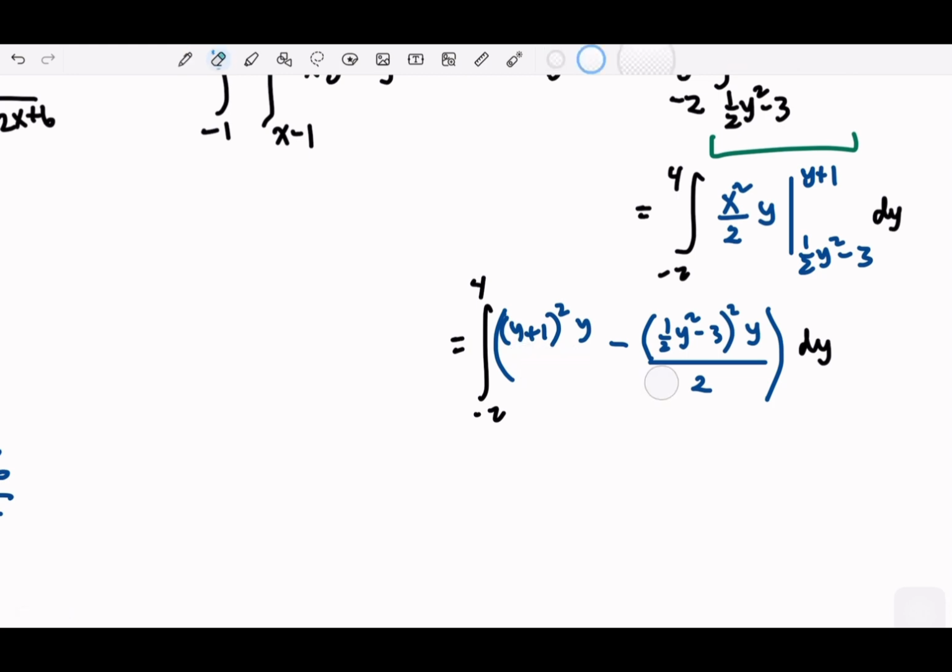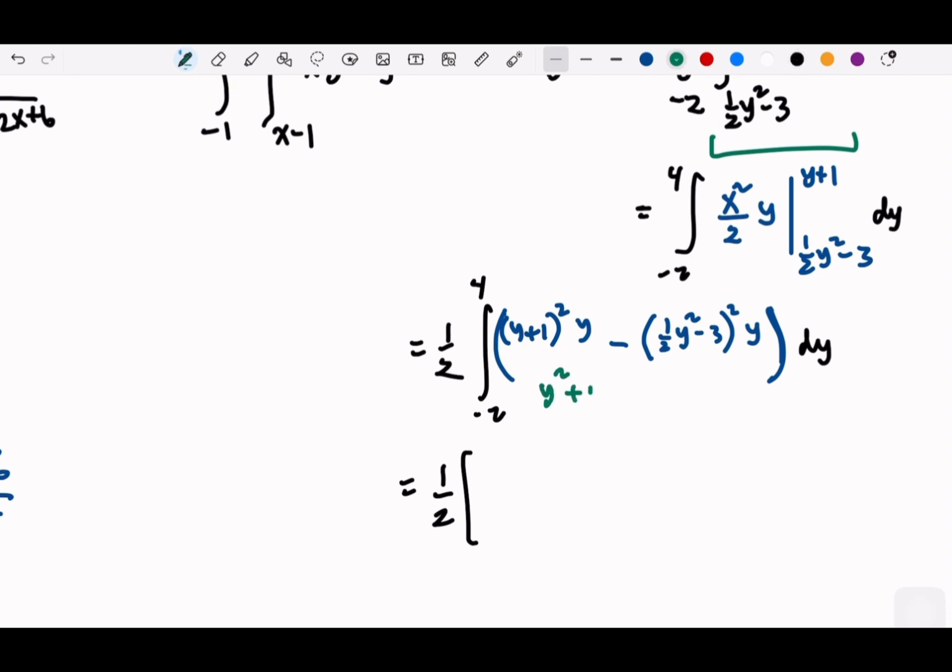Let me erase the half and move it here. And this will be y squared plus 2y plus 1 times y, minus 1 over 4 y to the power of 4 minus 3 over 2 multiplied by 2, which is 3y squared plus 9, times y.